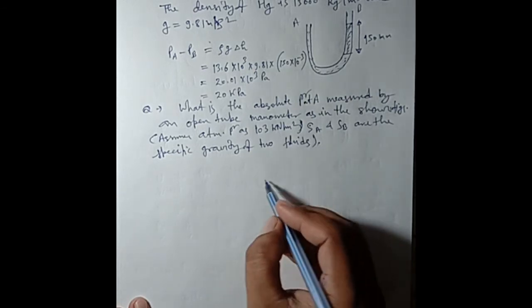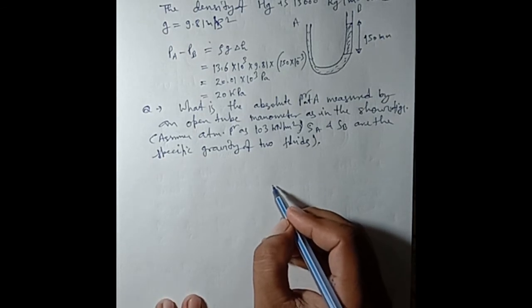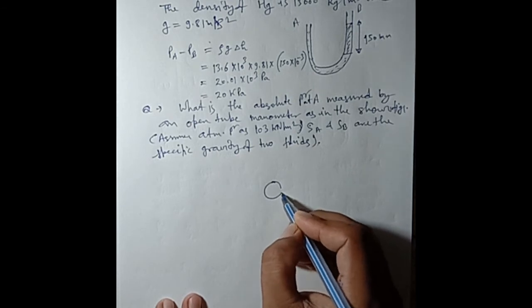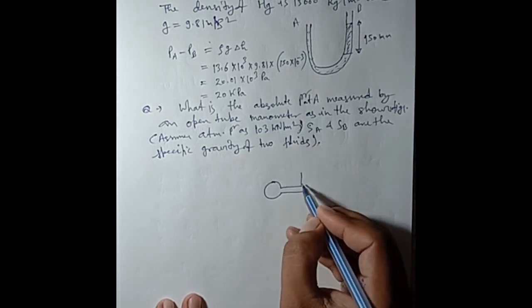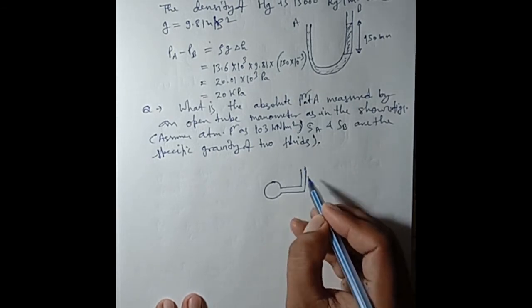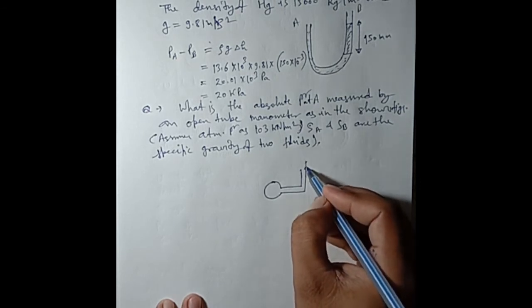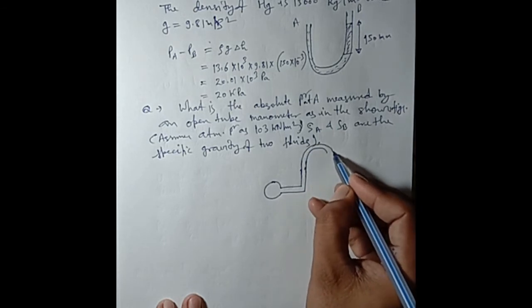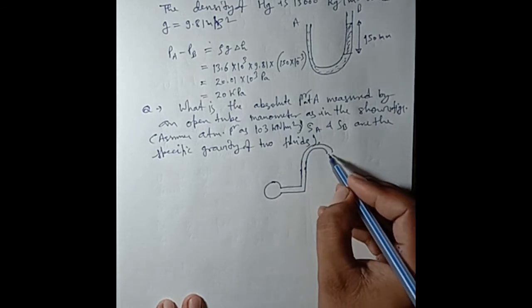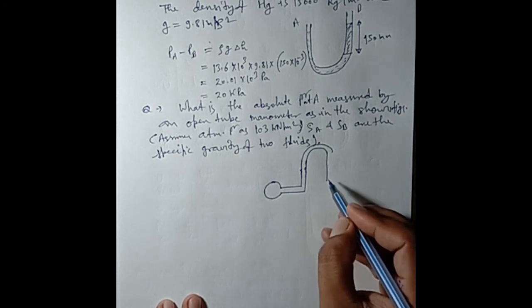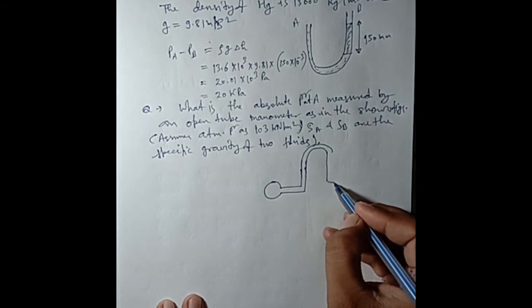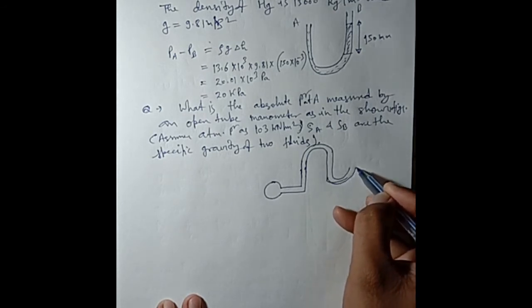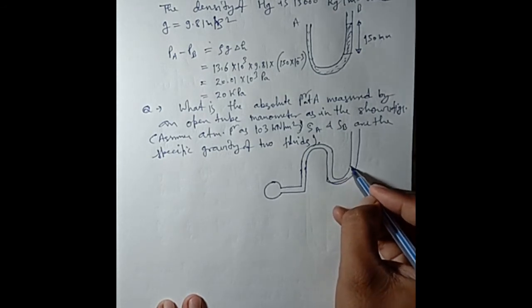Okay, now here we draw the given diagram. Limb A, okay, here double inverted U-tube manometers, like that.